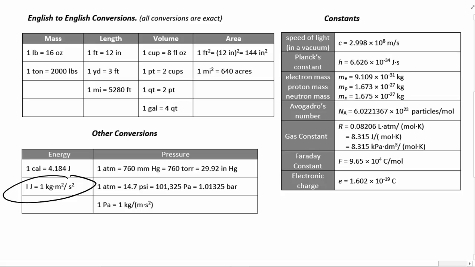So if you're using joules and you have meters and everything else mixed up, you'll have to change the units of joules to kilogram dot meter squared per second squared, so you can see exactly how those units cancel to come up with your answers. That's part of the exercise of why we look at these units here.